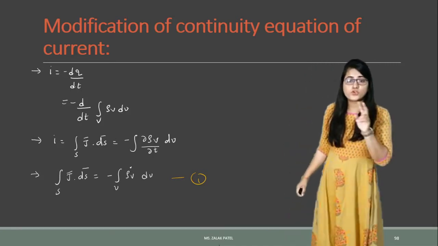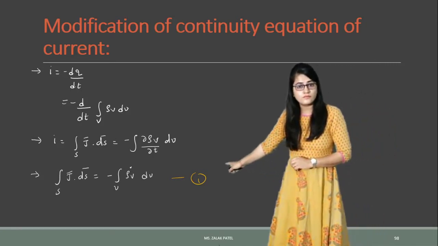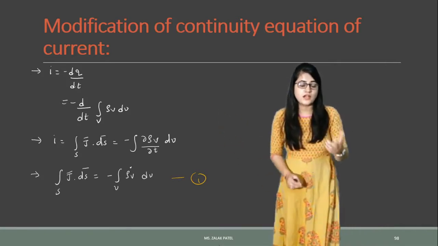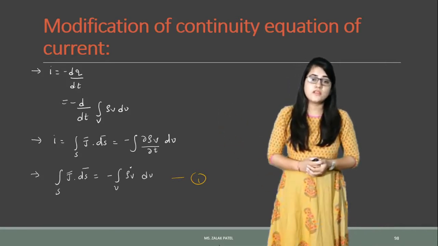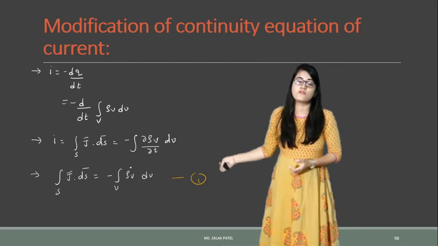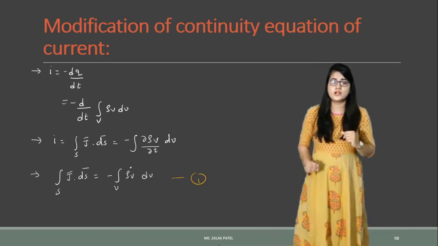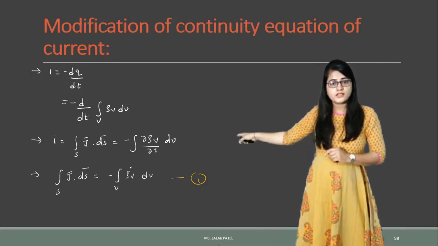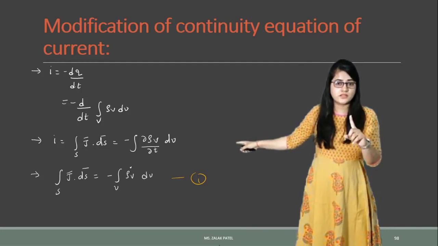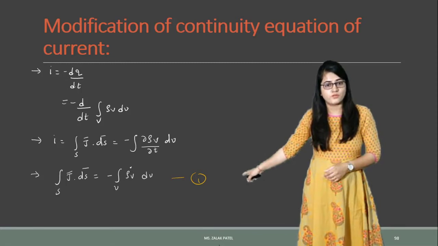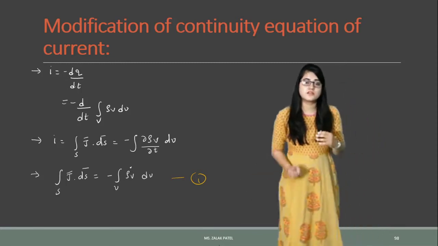If I put 2 dots over rho v, then it becomes del squared rho v upon del t squared, which means 2 times differentiation of that particular vector. If I put 3 dots, then it will be 3 times differentiation. Here in this equation one time differentiation is there, so we write rho v dot.